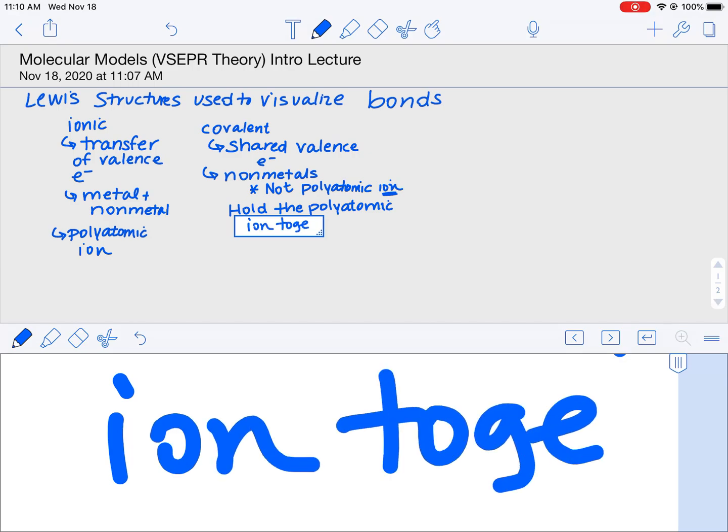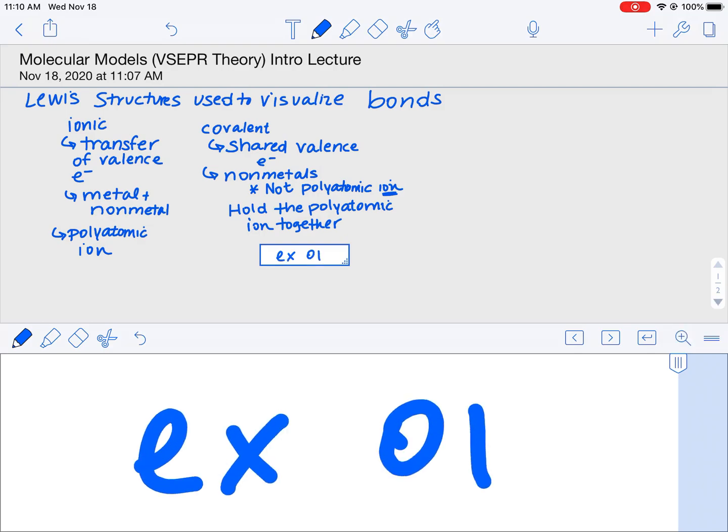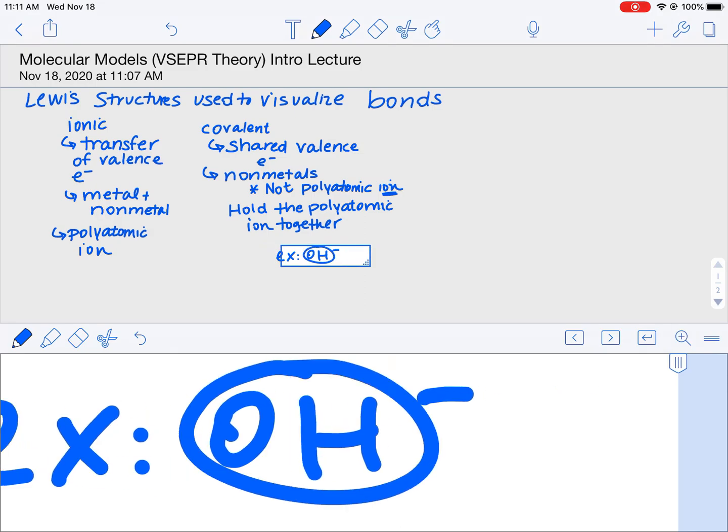I hope I made that clear. So for example, hydroxide. Technically, this cluster of oxygen and hydrogen are forming an ionic bond. But what's holding the oxygen and hydrogen atom together is a covalent bond.